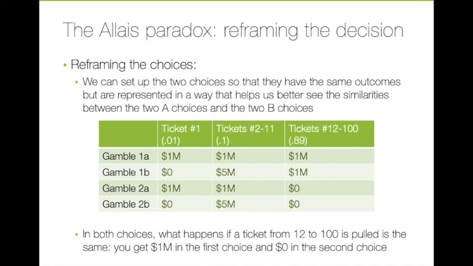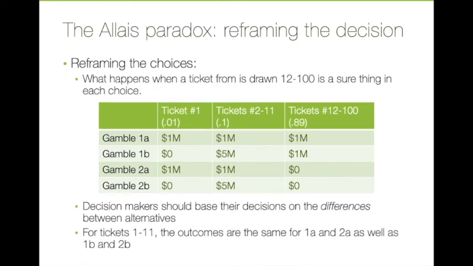If you're drawing from tickets 12 to 100, you get nothing no matter what you chose. So again, in decision 1, no matter what you chose, if a ticket from 12 to 100 is drawn, the outcome is $1 million. And in decision 2, no matter what gamble you chose, if a ticket from 12 to 100 is drawn, the outcome is the same. You get $0.